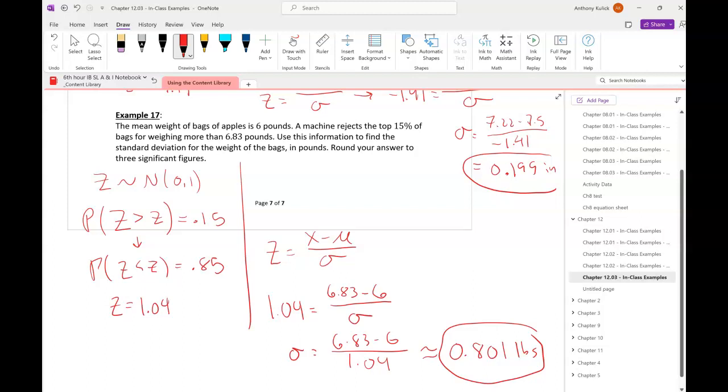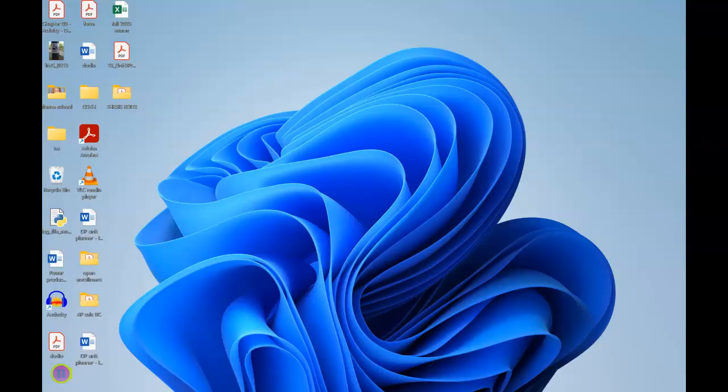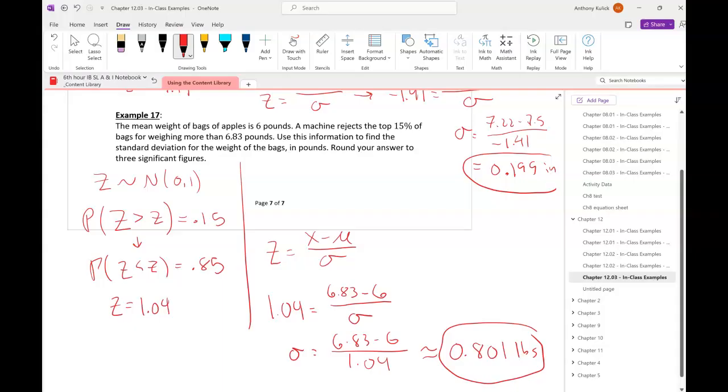So find a partner and make sure you have a timing device, probably the stopwatch on your phone would be fine. Once you have your times recorded, come up and tell them to me and I'll record it up here so we can get a class ranking.